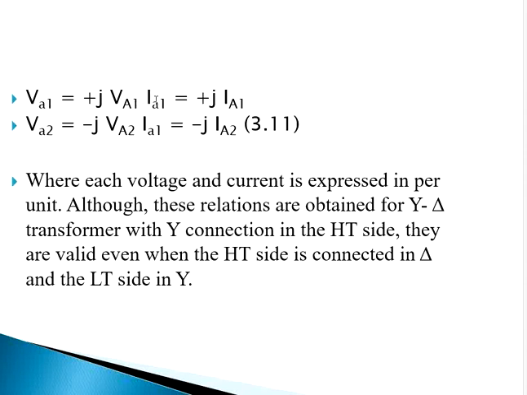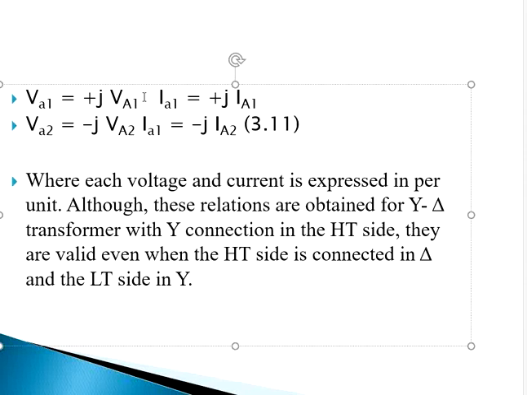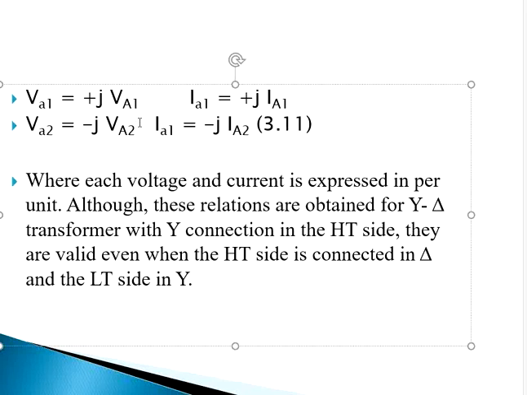So VA1 of the secondary side, that is the positive sequence component of the delta side, will be equal to plus J, where J means 90 degrees, times VA1, the positive sequence component of my star side.